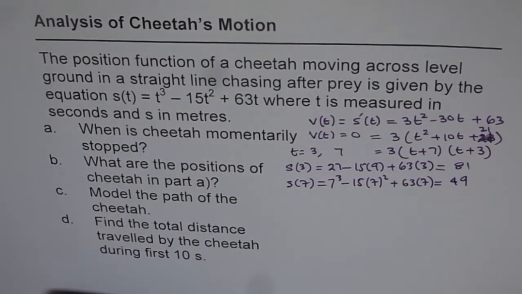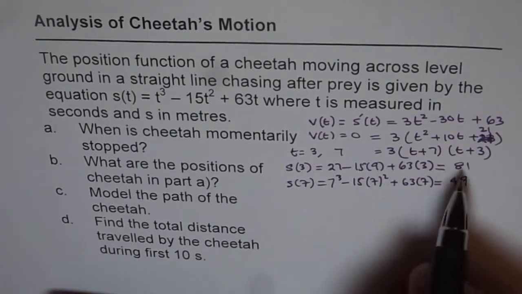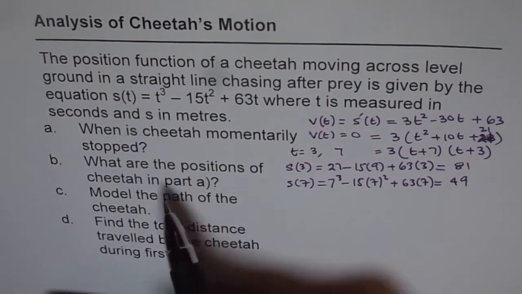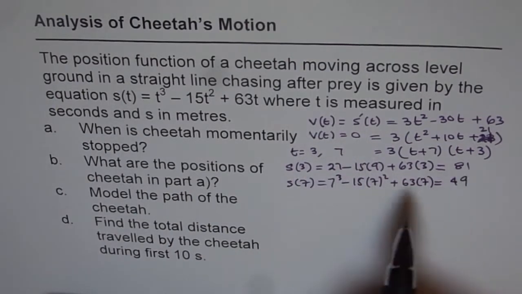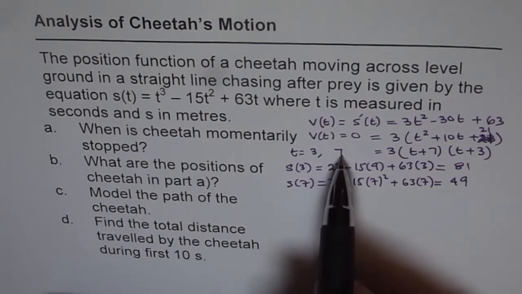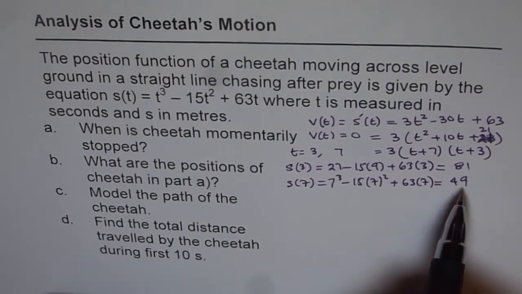So we get s of 7 as 49 and s of 3 as 81. So what are the positions of the cheetah in part A? At t equals 3, when it is standing still momentarily, it will be 81. And the displacement at t equals 7 will be 49.